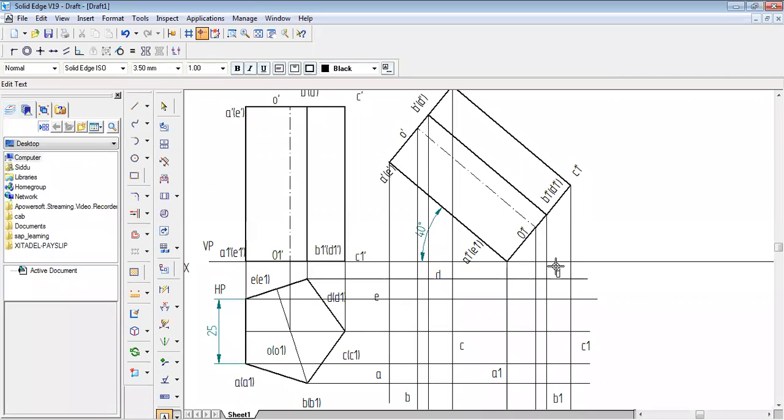And this is your E1. So all 5 points are done. So now the axis, this is your O, and this is your O1. So all the points have been identified, total 12 points.